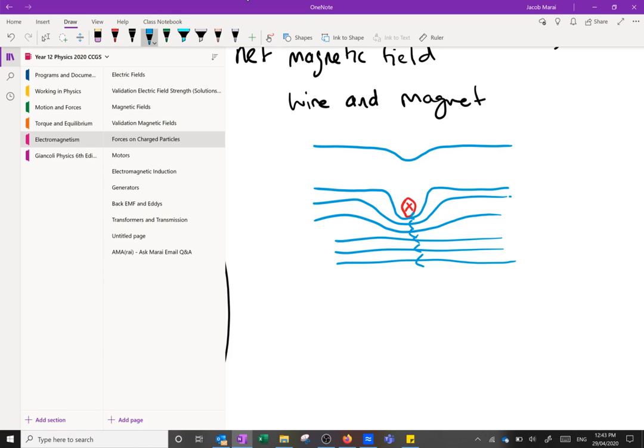Yes, Larry? Why does it bump? You've got left from the field, but then the wire on this side has a downwards component, doesn't it? Yeah. So the wire has a downwards component that isn't cancelled by the horizontal. But the horizontal wins because it's got a stronger left than the wire has right, so it wins by going left.